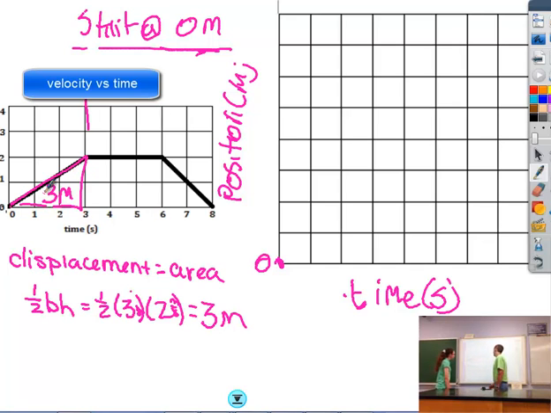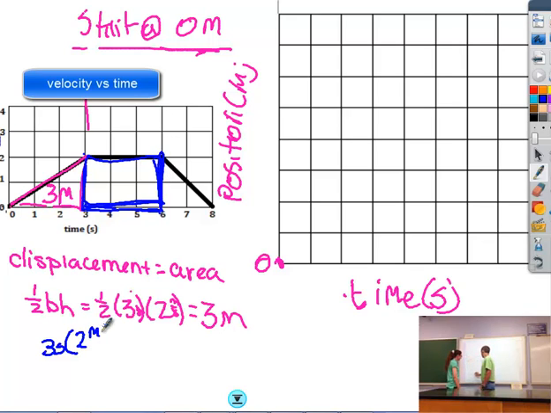Now this next section, this one I can do because it's nice and flat. Area again, but this is a rectangle, so it's just base times height. Again, I want just this section of base, so from 3 to 6 seconds is 3 seconds. So 3 seconds times its height, 2 meters per second, equals 6 meters.